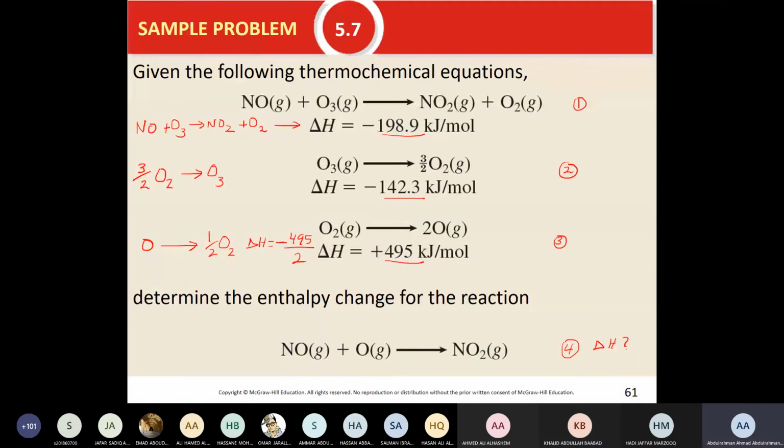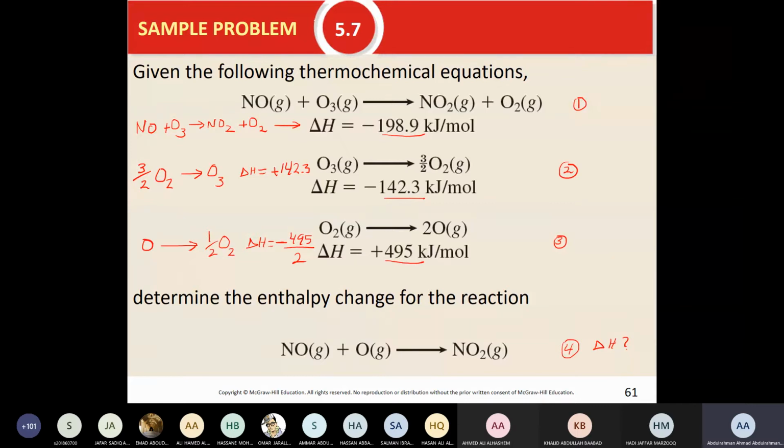And what will be delta H? 142. Is it positive or negative? Positive. Positive 142.3. Clear? Good.